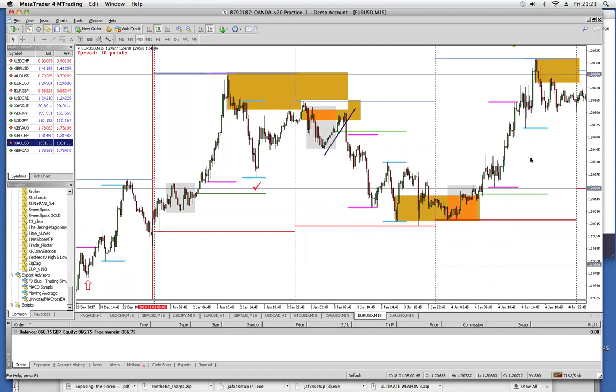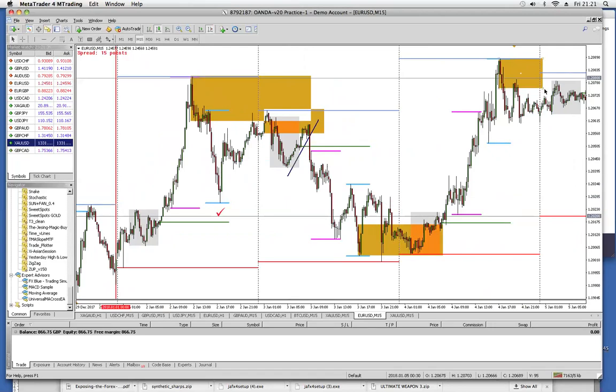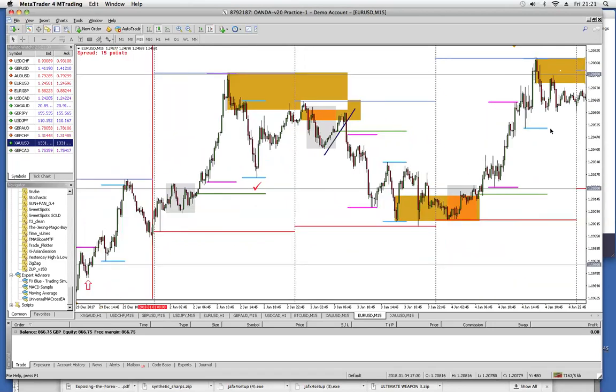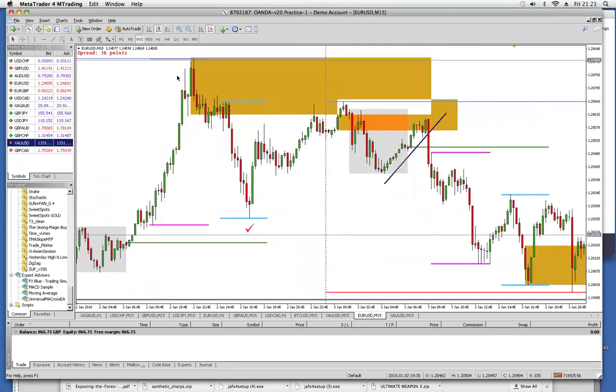I'm cheating as well because I already know it goes lower, but it follows the rules. It doesn't matter. Like, it's just coaching purposes. It follows the rules that you would buy within this block. Although also that's this candle here is an ICT order block.